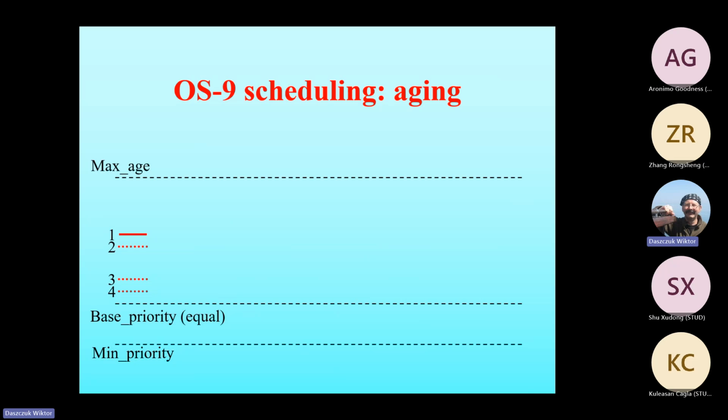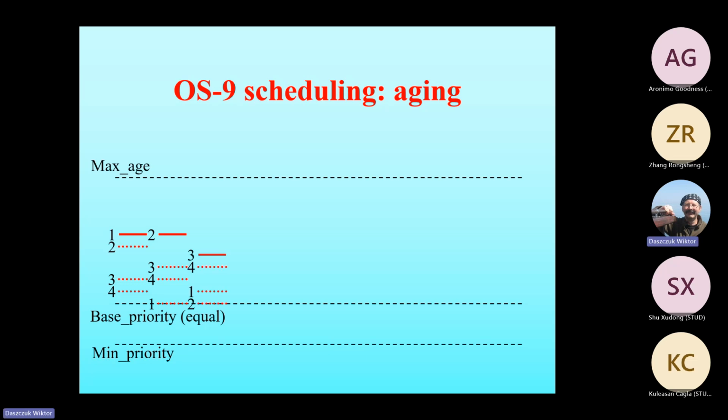So let us imagine that we have 4 processes of the same base priority. And the current situation is that process 1 has the highest priority. So in the next time slice, process 1 will be lowered to base priority, and every other process will be raised by 1.